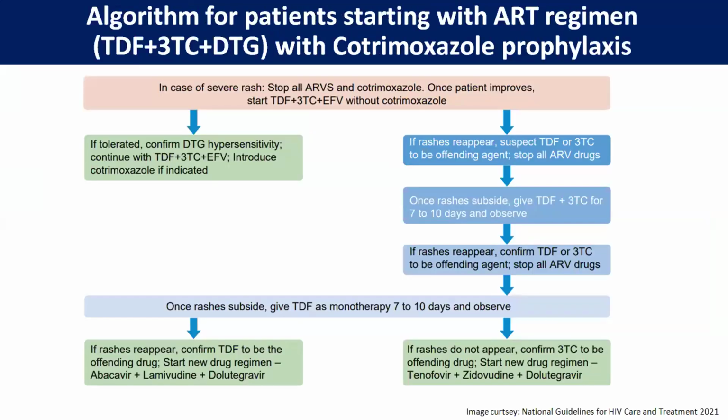So there is an algorithm for simple understanding of the antiretroviral toxicities along with cotrimoxazole prophylaxis. If there is severe rash, then you have to stop all the medicines, all antiretrovirals and cotrimoxazole.